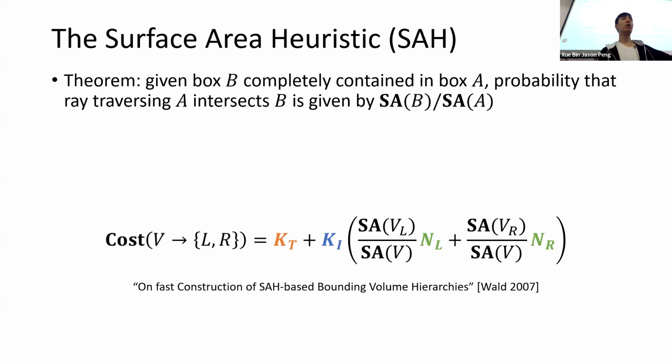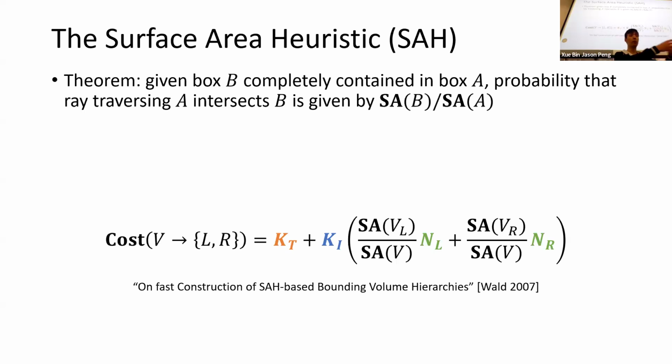V is going to be our parent bounding volume, and L and R represent the two child bounding volumes that are constructed by a particular partitioning of the objects in V. So given V, we're going to split the objects into two child bounding volumes, and then we're going to compute a cost for this particular partitioning. The surface area heuristic computes the cost according to this formula here, and we are going to go through each one of these terms to take a look at what they represent.